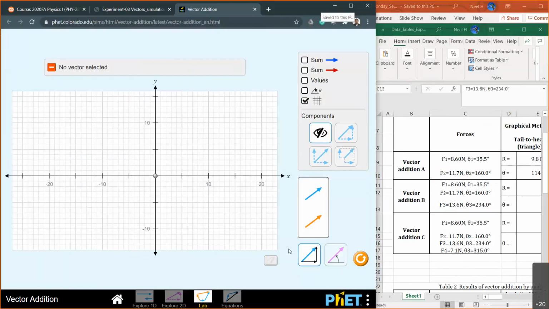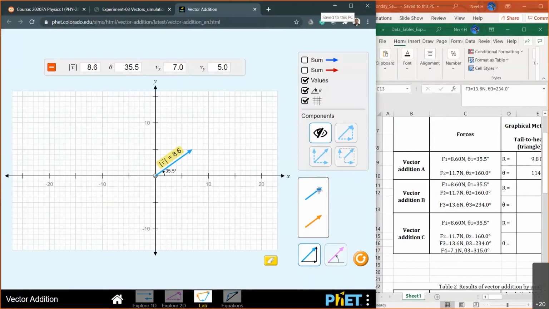Now let's draw the 3 vectors. In the tail-to-head method, go one after the other. So the first vector is 8.6 and the angle 35.5 degrees. You just need to click the head and then change where it's supposed to go until you see the numbers match the given numbers. Okay.